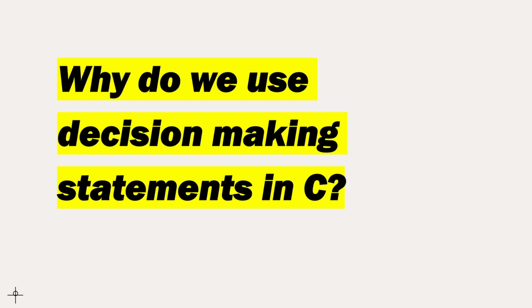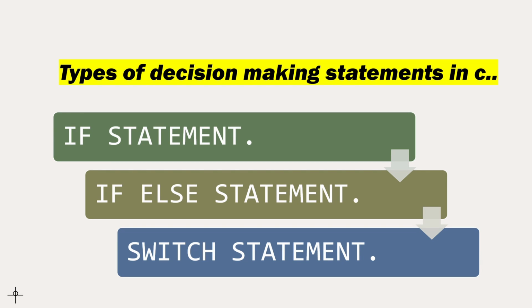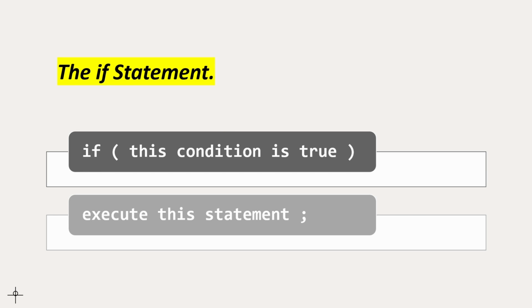Many times we want a set of instructions to be executed in one situation and an entirely different set of instructions to be executed in an entirely different situation, right? So coming to the different types of decision making statements in C, there are the if statement, if else statement, and switch statement.